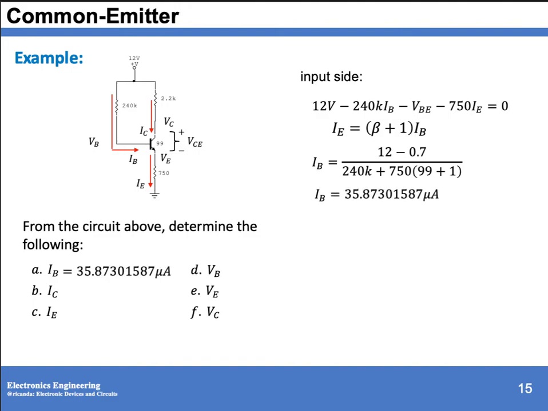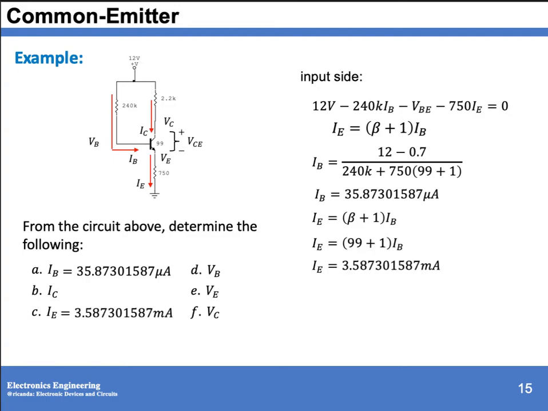So we have IB equal to 35.78301587 microamps. And solving for your IE, which is beta plus 1 IB, therefore IE is 3.58730157 milliamps. And for your IC, which is equivalent to beta IB, then IC is equal to 3.551428571 milliamps.